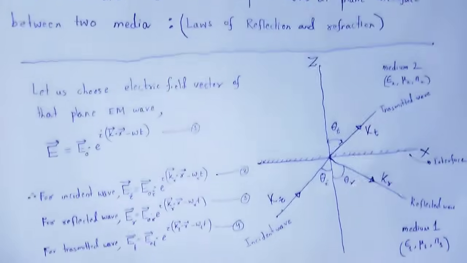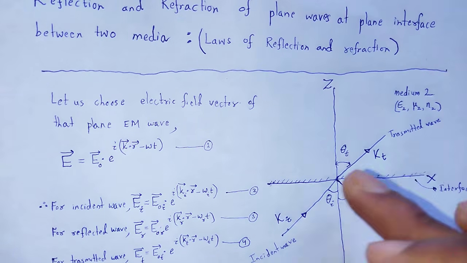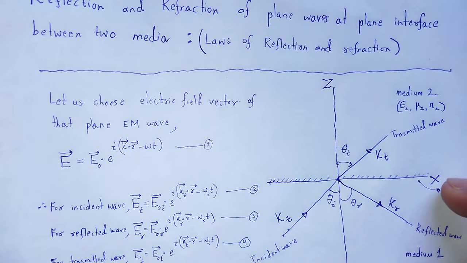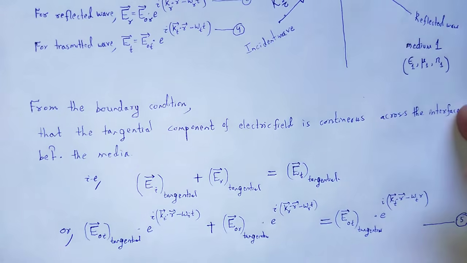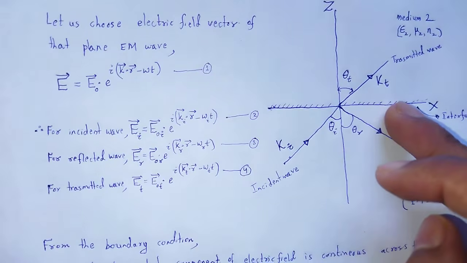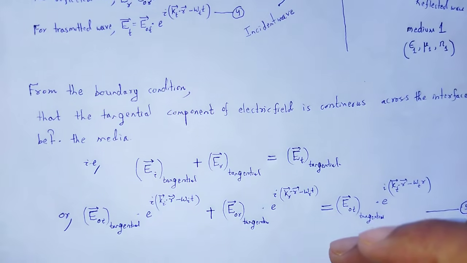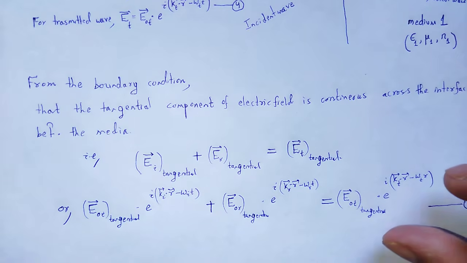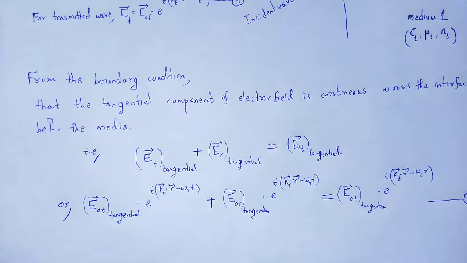Means if I change the position at any point of that interface, that equation is valid. Same thing at any point and at any time also that equation is satisfied. That indicates that equation is independent of position and time.